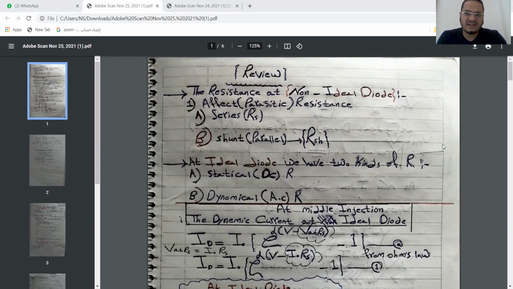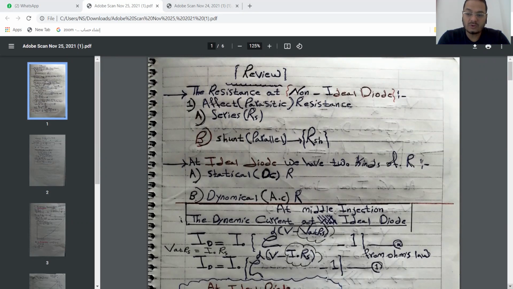The shunt and parallel, that's the same meaning. Both of these belong to the effect or parasitic resistance of non-ideal diode. And number two, at ideal diode, we have two kinds of resistance: number one, statical, or we can say DC, and number two, dynamical, or we can say AC resistance.